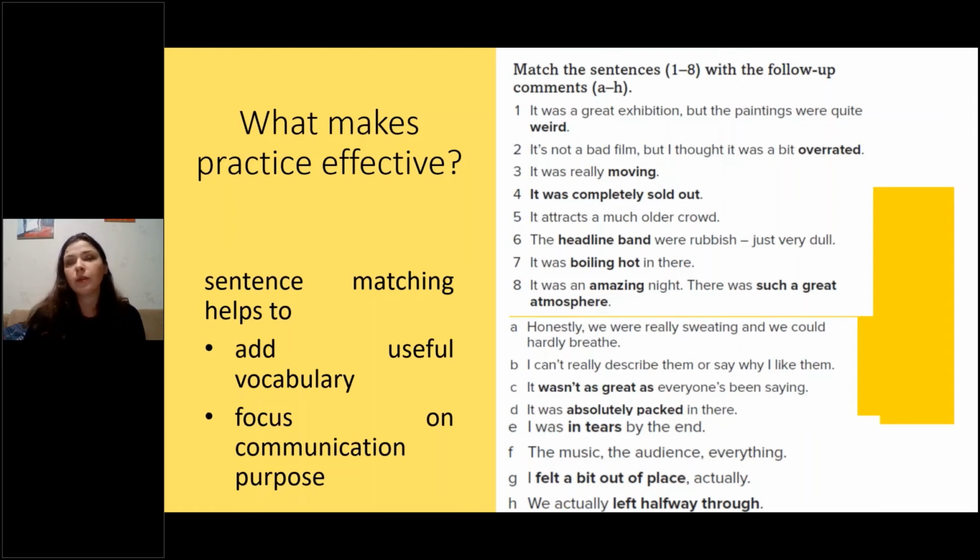We are talking that we don't study words just for studying to remember in the long list of words. We talk about the need of communicative aim, of communicative purpose. And when your students see the real examples of a good statement, they will be more likely to, again, use them and to remember them as a whole set, not just as a separate word.